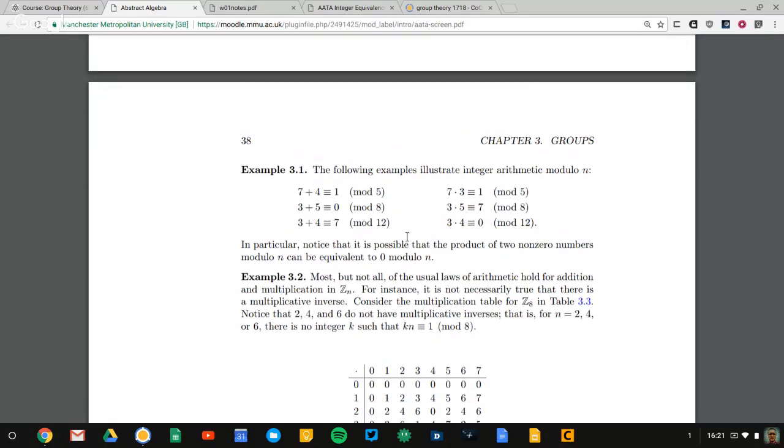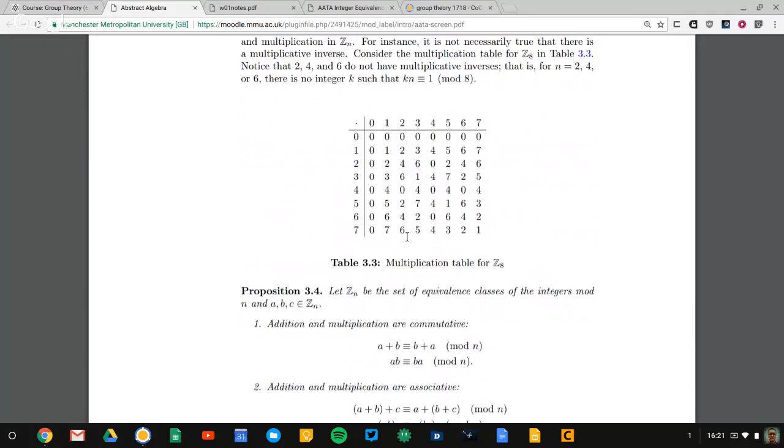Okay, so addition on the integers modulo 8. That gives us a system which we're quite familiar with, and which is a group.